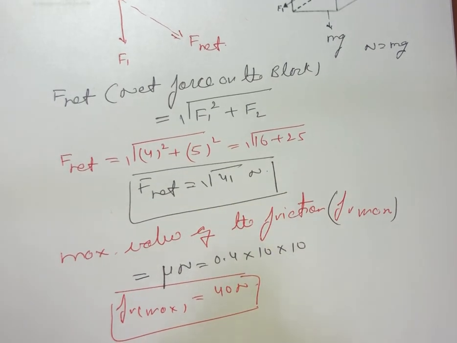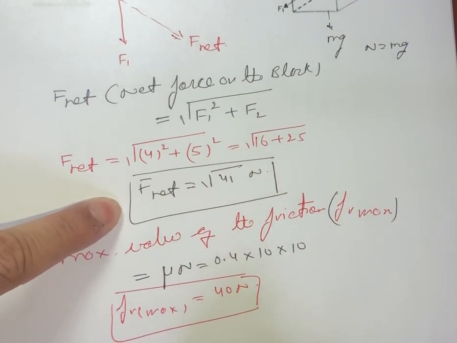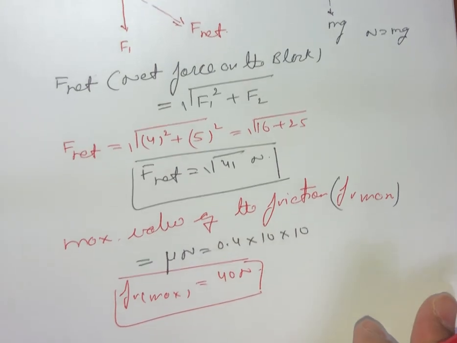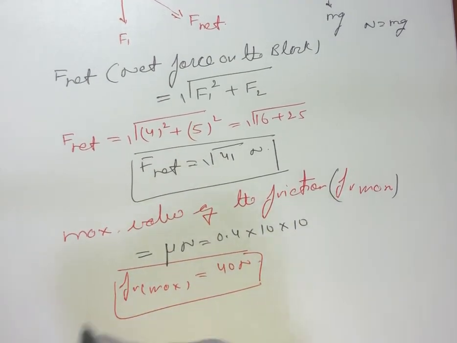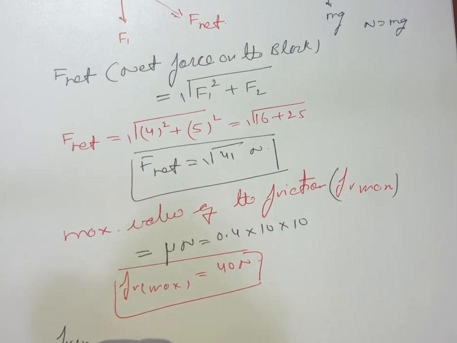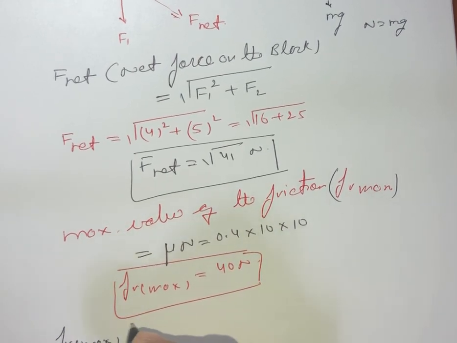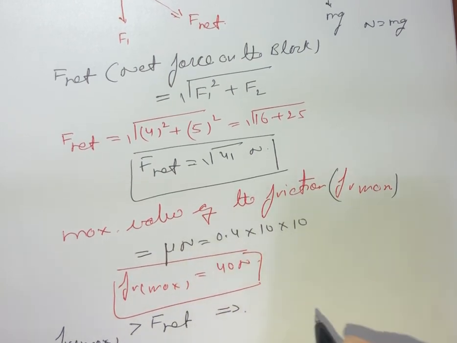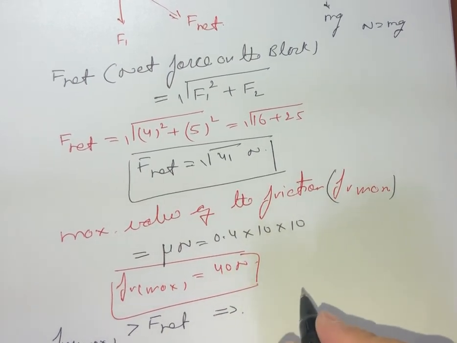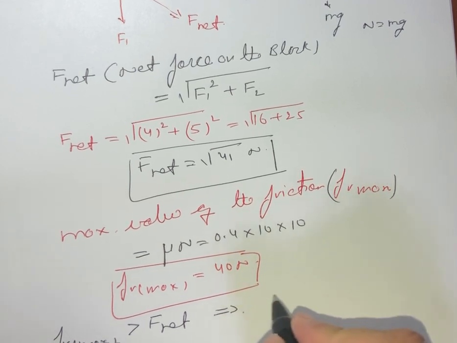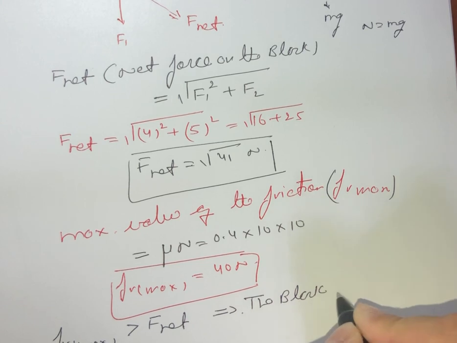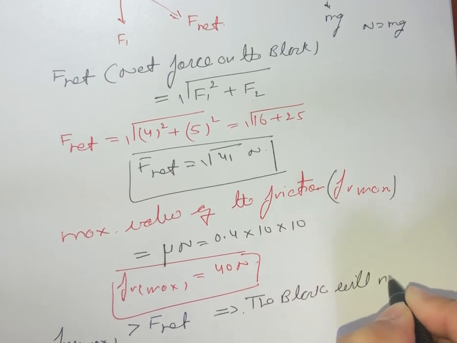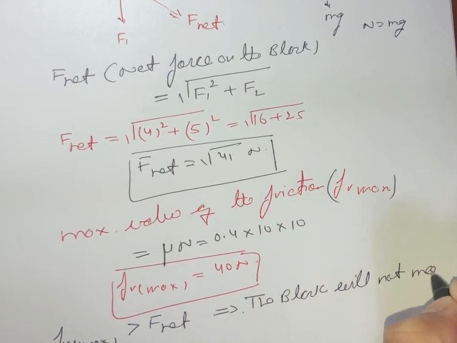So if you make a comparison between the net value of the force and the maximum value of force, from which we can say that our Fr max is greater than F net. So because of that, the block will not move.